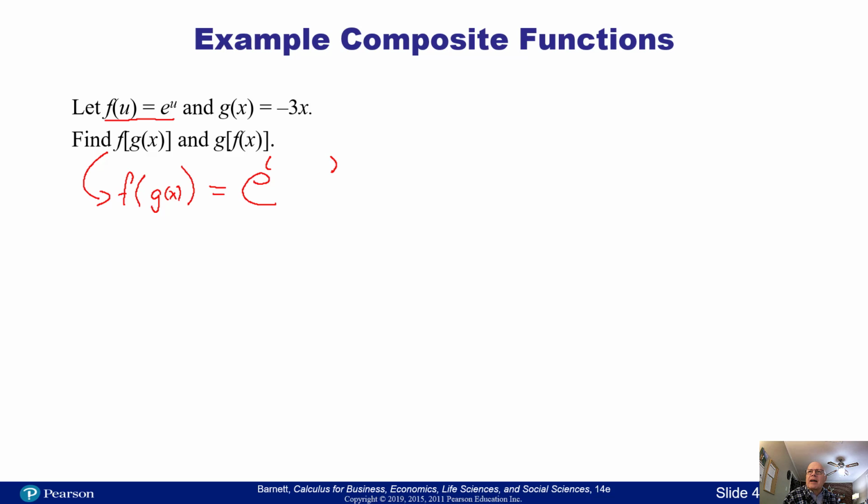Now, what is g of x, the inside function? Minus 3x. So we'll put a minus 3x there. And that is our first result, f of g of x, composite function.